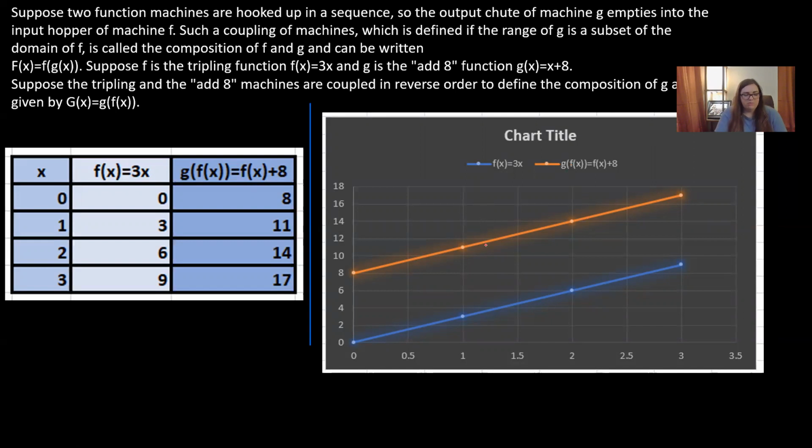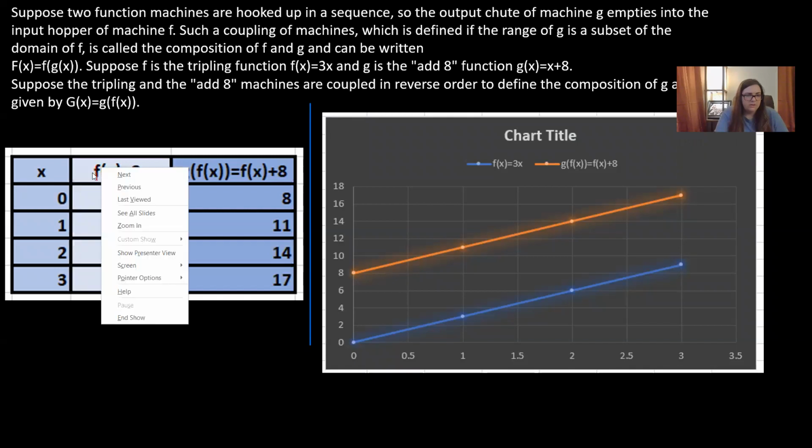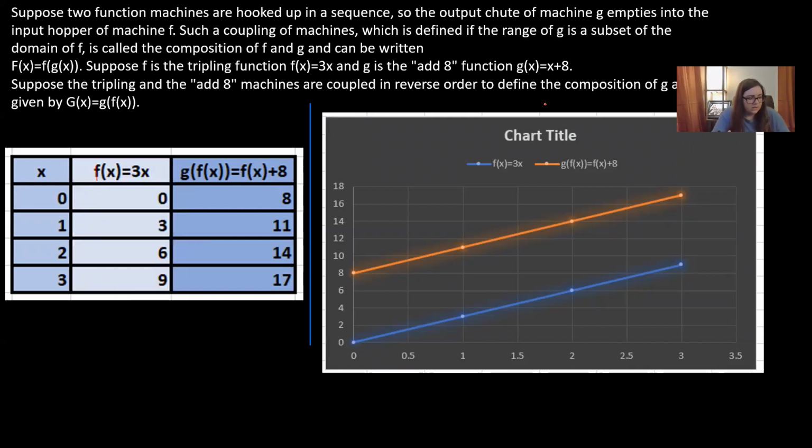So the output chute of machine G empties into the input hopper of machine F. Such a coupling of machines is defined if the range of G is a subset of the domain of F. So here's F of X. The composition of F and G can be written F of X equals F of G of X.